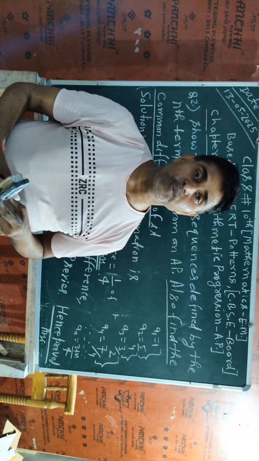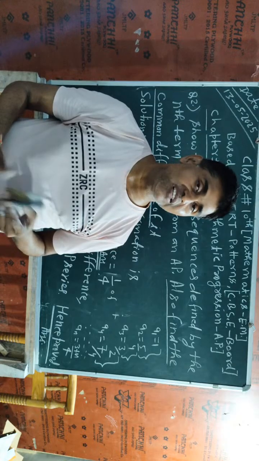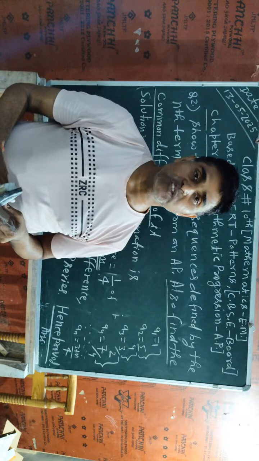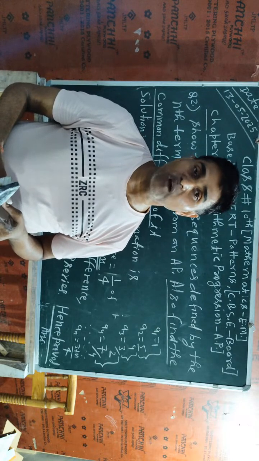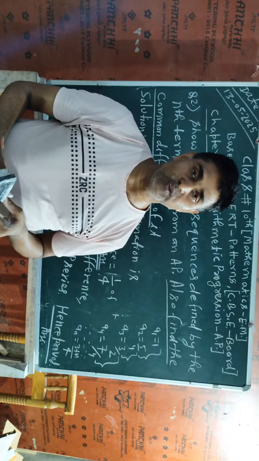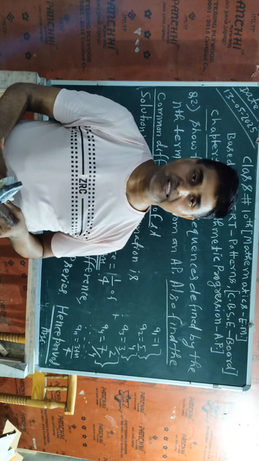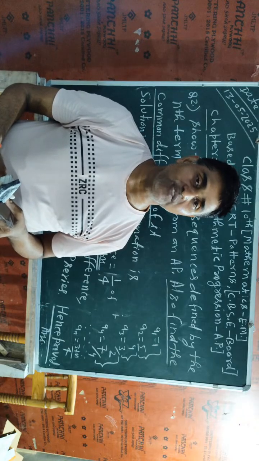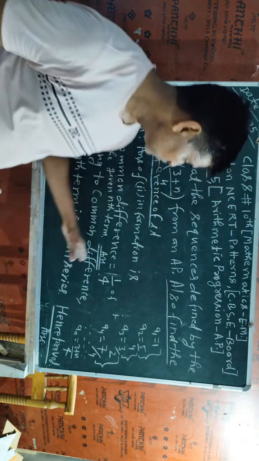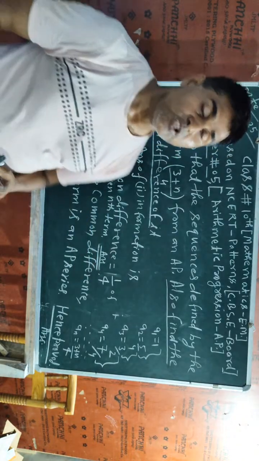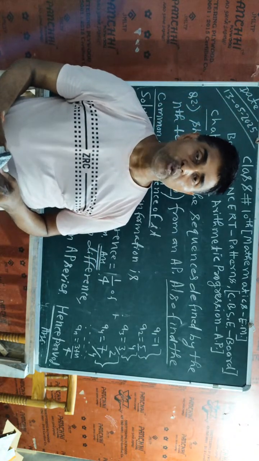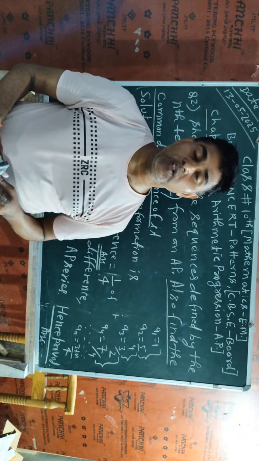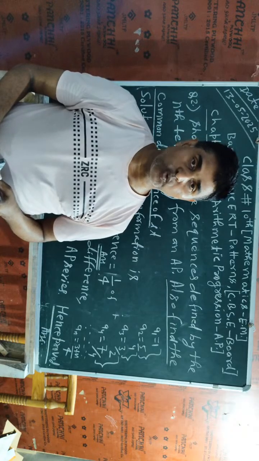After getting it, if all common differences are the same, then I say the given nth term is in AP. And if another question asks you to also find the common difference, you have already calculated it, and you have to write the same value. Okay students, according to this way, you have to solve any given question available in arithmetic progression.